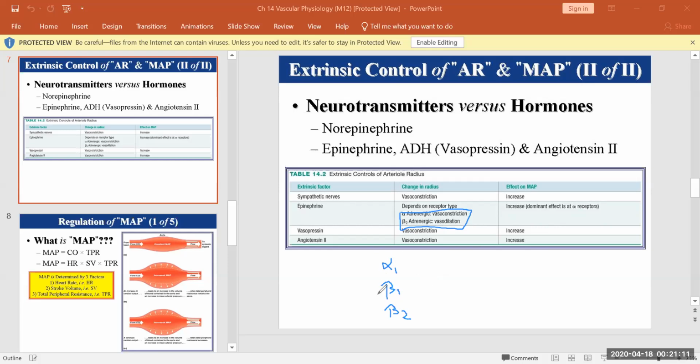But this is important for you to go back and refresh your memory. All three of them are G protein coupled receptors.